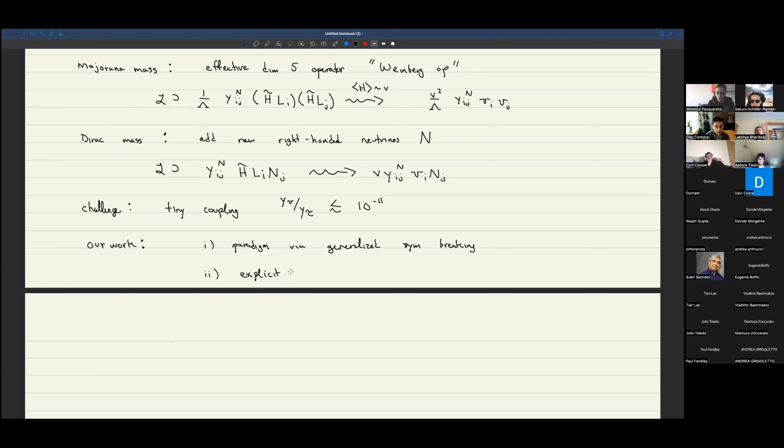So not just a cartoon idea, but explicit models of both kinds of mass terms. Maybe in reality in the seminar I'll only present one, but in the paper there are two. So explicit models where this is generated naturally.